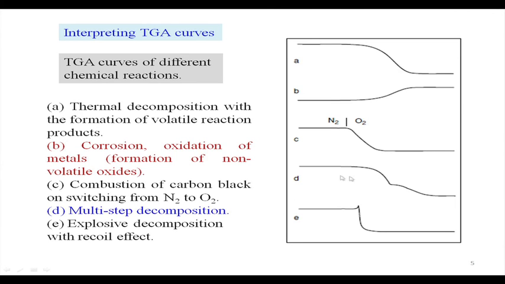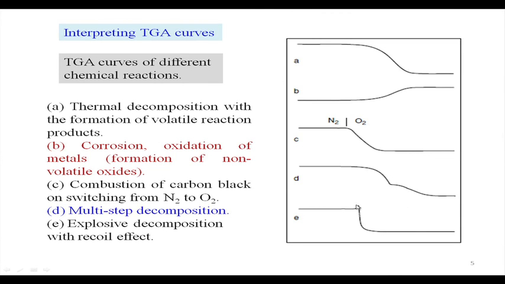Then in this one, the first is very sharp, and another one is a very slow degradation step for the second one, which is due to a multi-step decomposition reaction. So, this is the first step, and the second step we should also be able to detect in terms of a very small horizontal line, which is the stability within this particular temperature range only, then it again starts degrading.